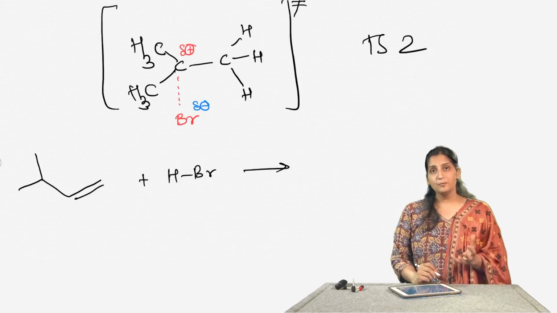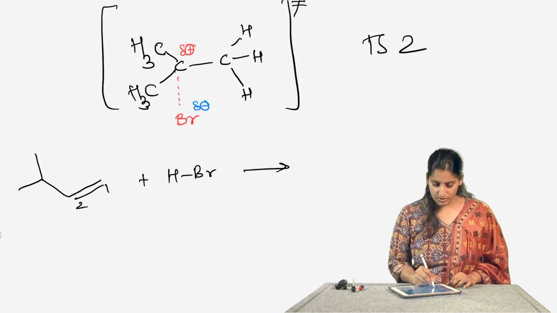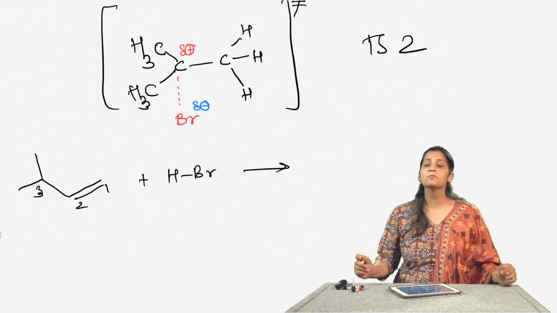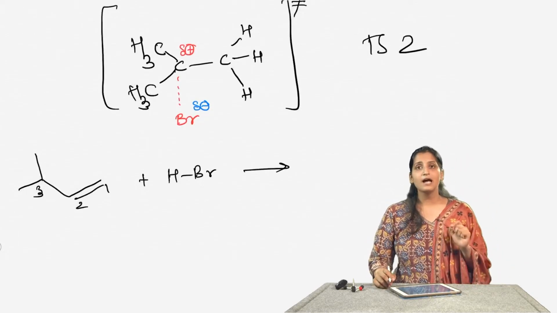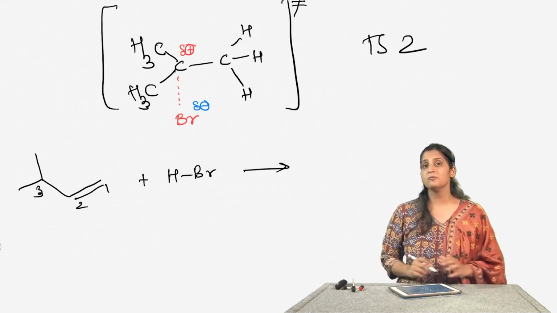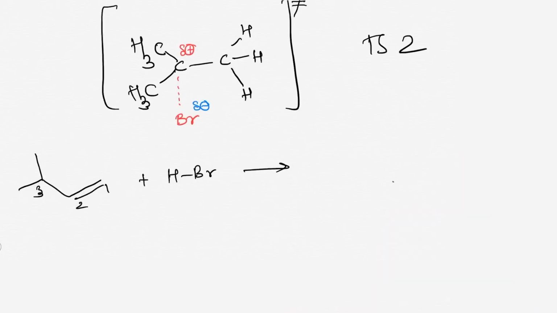Okay. Now, you may imagine that the product would be such that this more substituted secondary carbocation will be formed and you will add a bromide there, but that is hardly what we see. What we in fact observe is that the end product is not at all what we expected. So, this would be the product that we expect, but we end up with a product that looks like this.